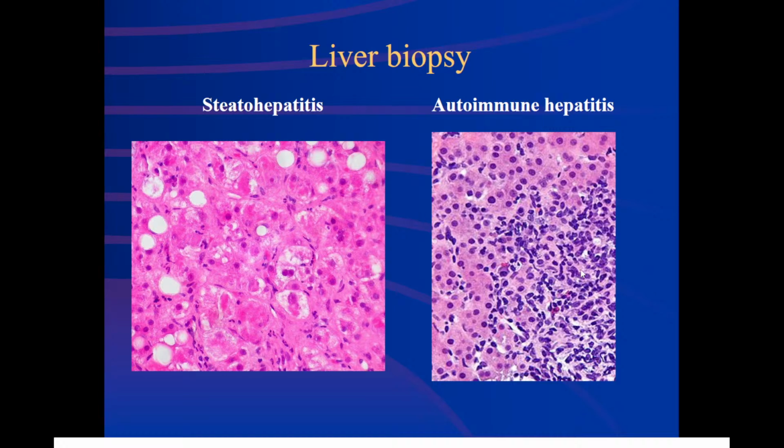In case of autoimmune hepatitis, we can see accumulations of lymphocytes which produce antibodies, and mostly they accumulate around bile ducts.